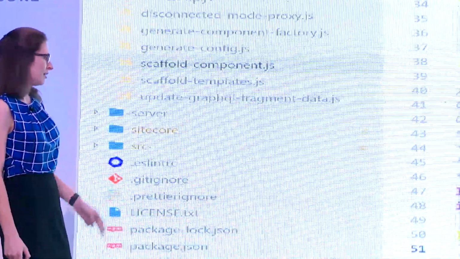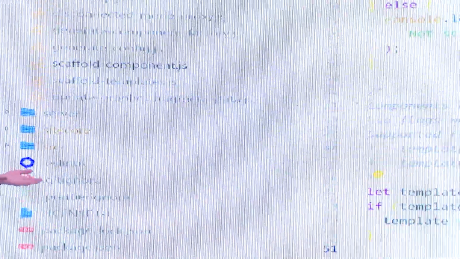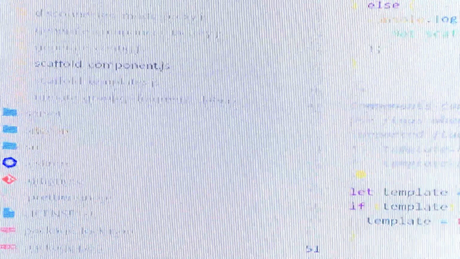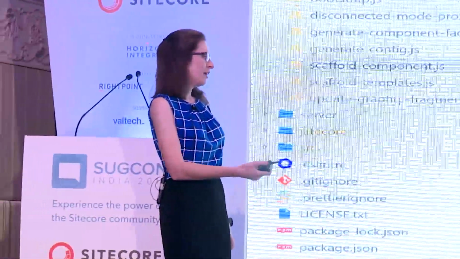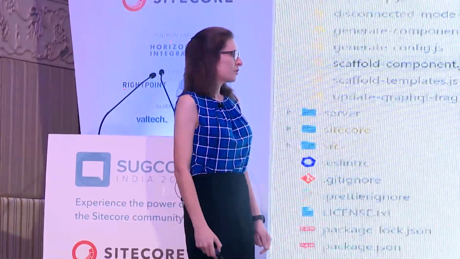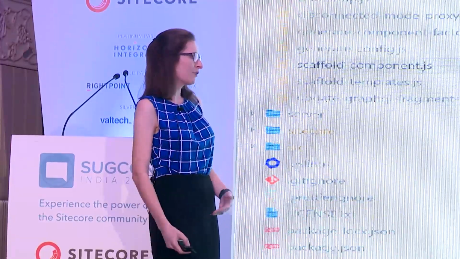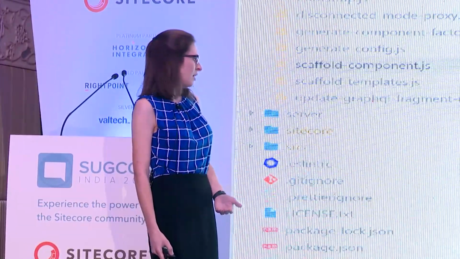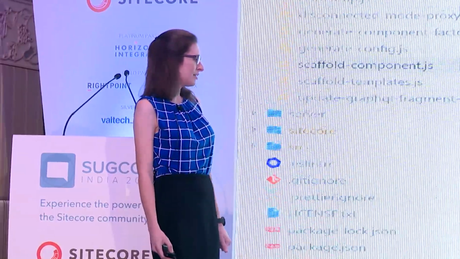So the normal way is just to say jss scaffold and then your component name. But here, the customization I've added is jss scaffold component name, and then I'm passing in a flag for the template type. So I'm saying template equals RFC for React functional component. And then I'm going to build one more for React class component.